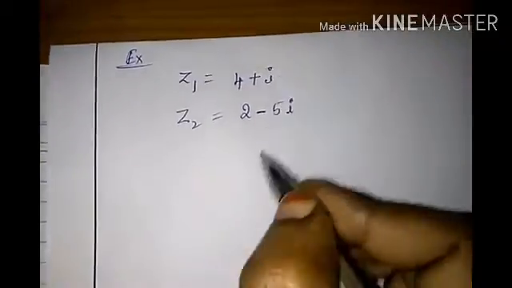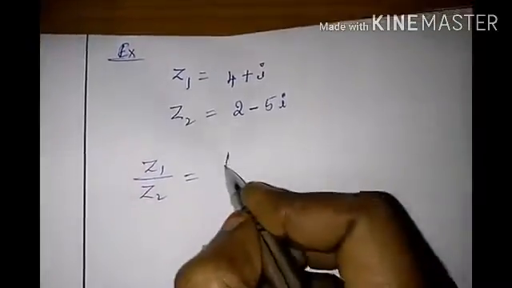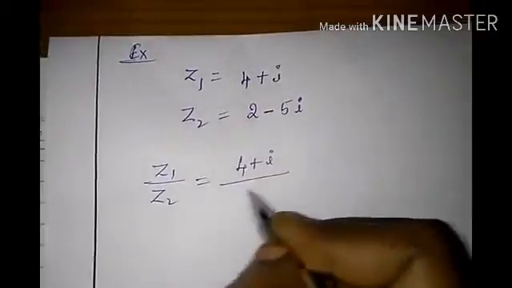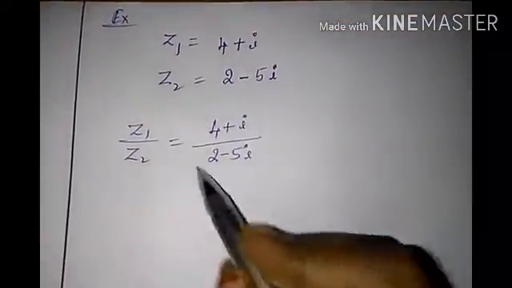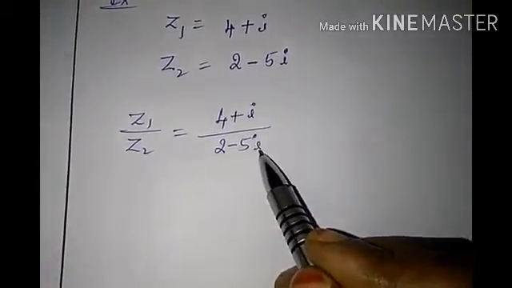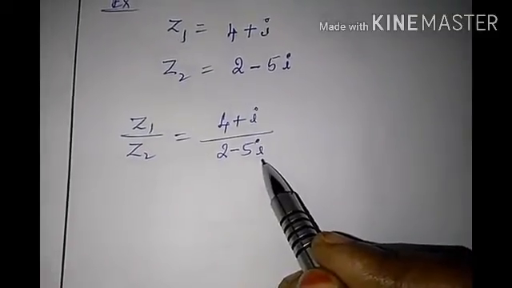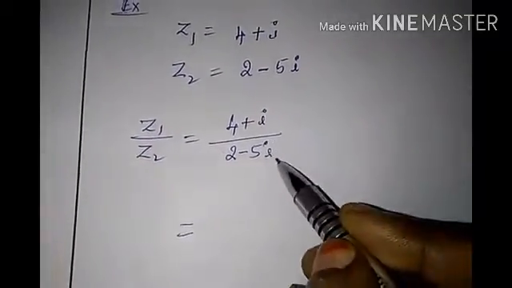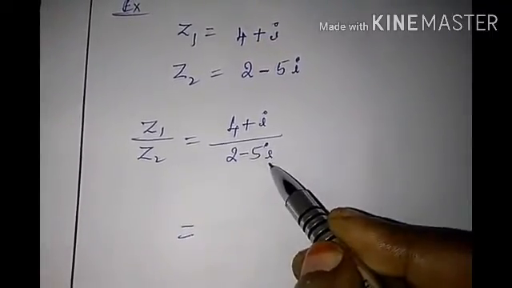If you want to divide these two complex numbers, Z1 by Z2 equals 4 plus i by 2 minus 5i. It is not in the standard form, that means in the denominator we have an imaginary part. To eliminate the imaginary part in the denominator, we should multiply with the conjugate of this complex number.